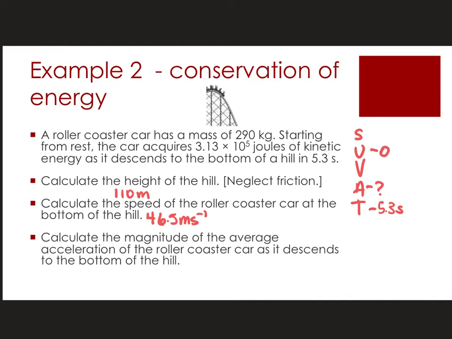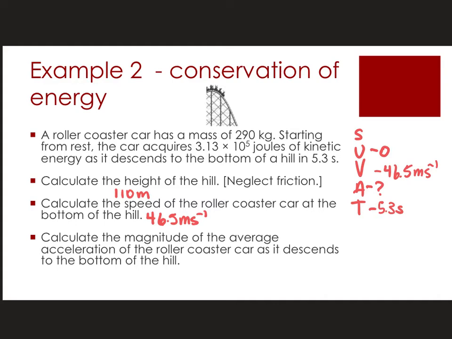And so now I need to either get that distance or its speed at the bottom. Now, we actually did just calculate that speed at the bottom, 46.5 meters per second.